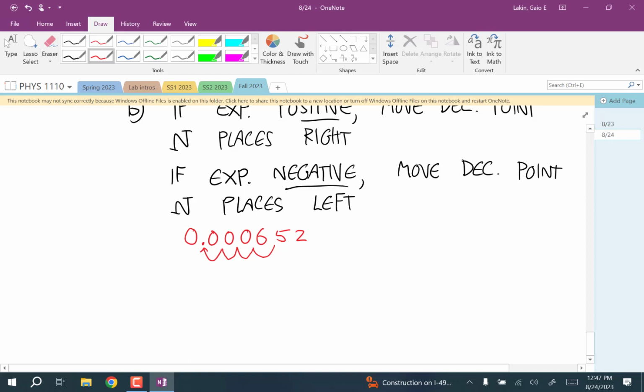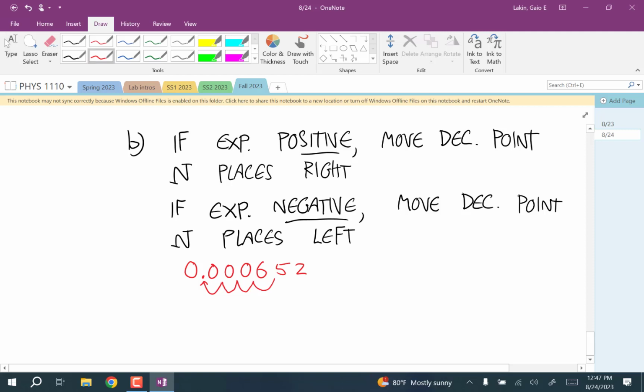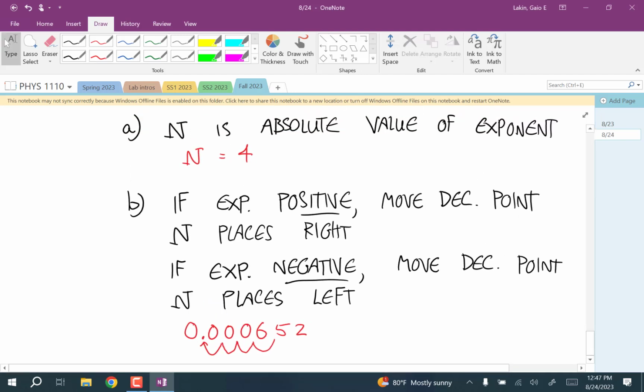And again, I have it written as you're deciding whether to move it left or right. You also can just think a number with an absolute value smaller than 1 relates to a negative exponent, and a number with an absolute value bigger than 1 relates to a positive exponent. And that does the same thing.